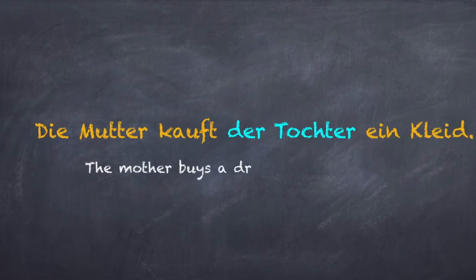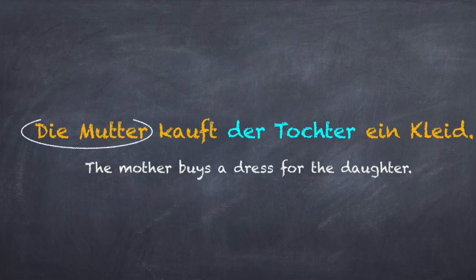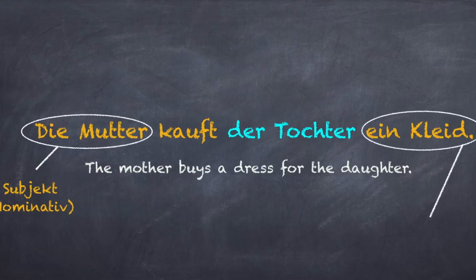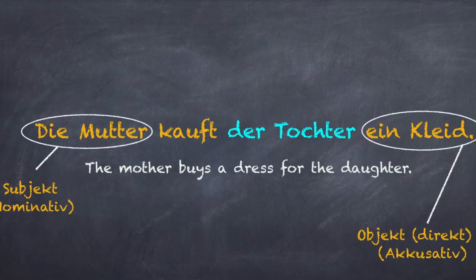Now let's try to understand this. Die Mutter kauft der Tochter ein Kleid. As you all have noticed, die Mutter ist das Subjekt, which is in Nominativ, whereas ein Kleid ist das Akkusativobjekt, or you even call it direktes Objekt.